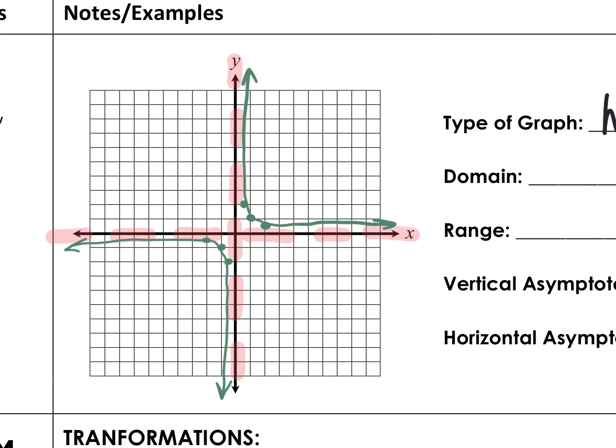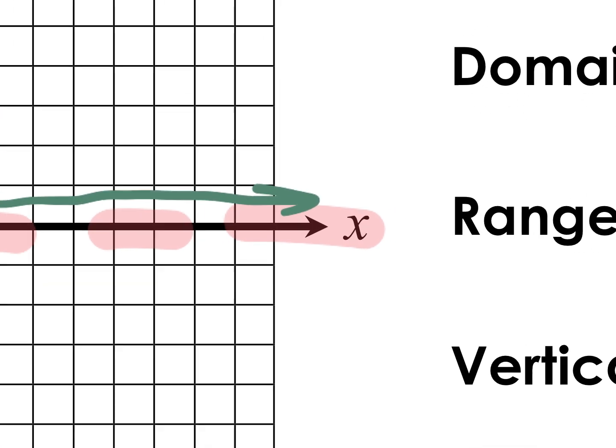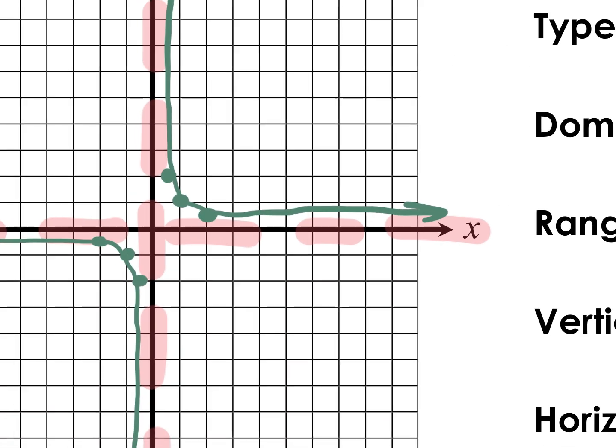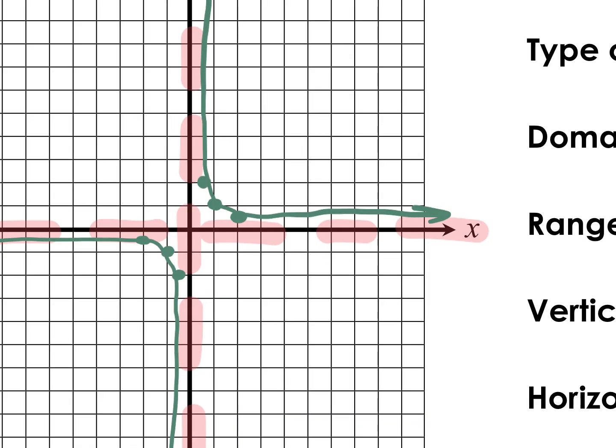All right, so here's what I need you to listen to, guys. These are graded for accuracy. They don't have to be exactly perfect, but they need to have real points, not points you made up. And the big thing that all teachers count off on is if your graph crosses your asymptote, I have to count off for that, because that means you don't know what an asymptote is.